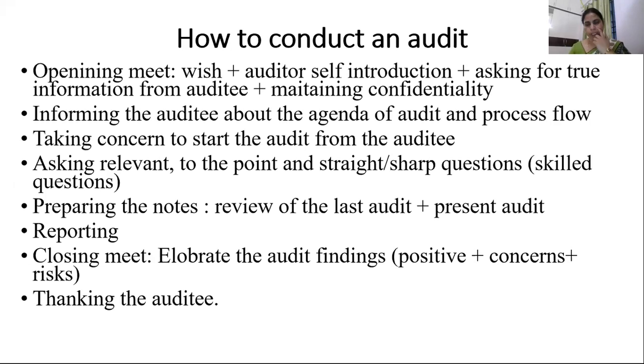Maintaining confidentiality here means, say for example, you went to the sports process owner. Now, the physical director is your auditee. And you will have another auditee, the placement head.